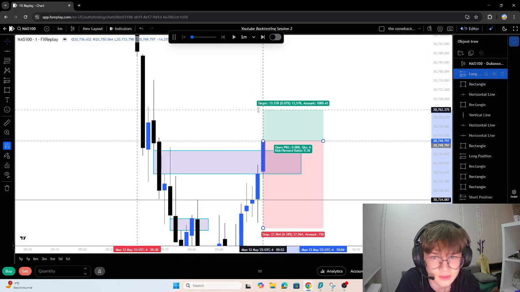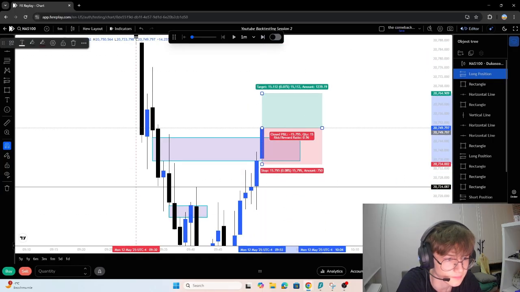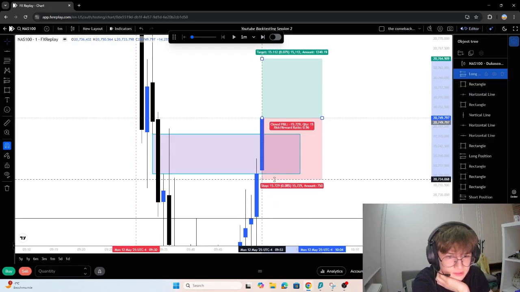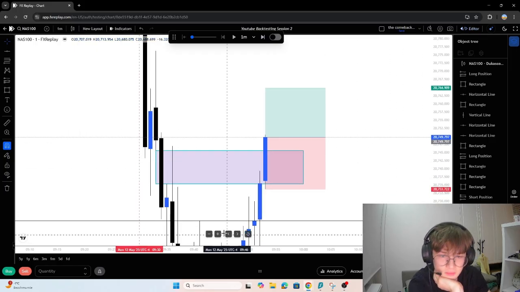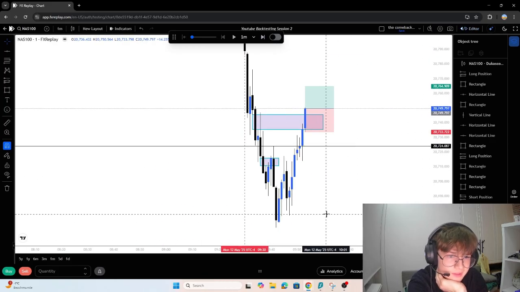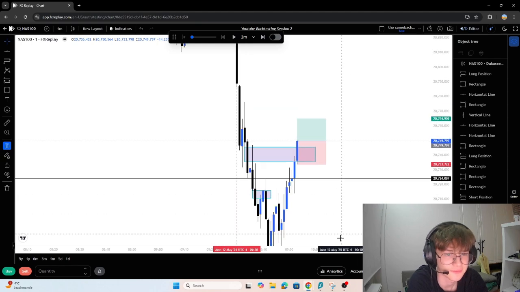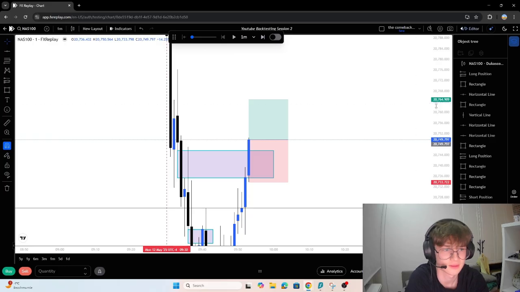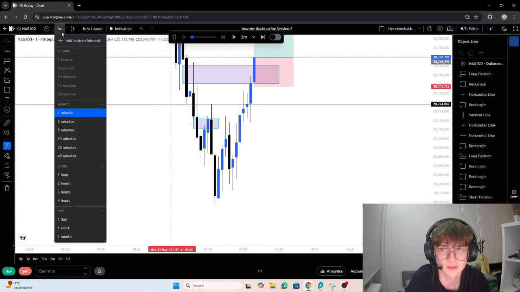Long position. Let's target this FVG. Set this as our stop loss, or even this. Okay, let's just analyze this trade for a second. I don't know if I like it because we swept, was it here or where?